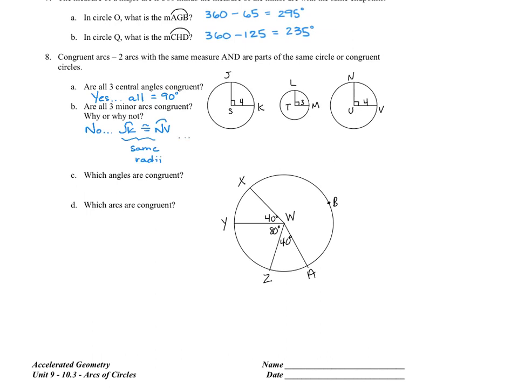However, arc LM is not congruent to either arc JK or arc NV because the radius of circle T is not the same as the other 2 circles. So here we'll say because the radii are not the same.